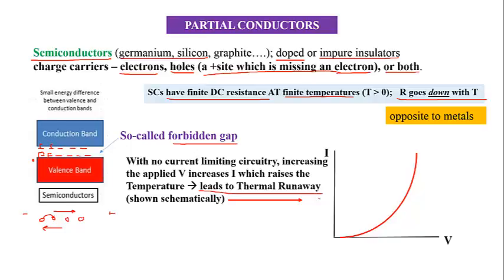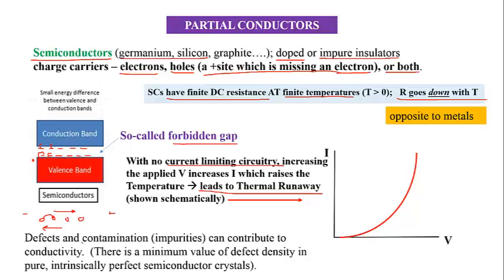Schematically I've shown it here where it just increases, increases, increases, and goes out of sight. Well, that's self-destruction. The semiconductor would basically fall apart. It would melt. So in order to prevent that, you have to have current limiting circuitry to protect the semiconductor from doing this. So in other words, there's resistors and so on to keep this from happening.